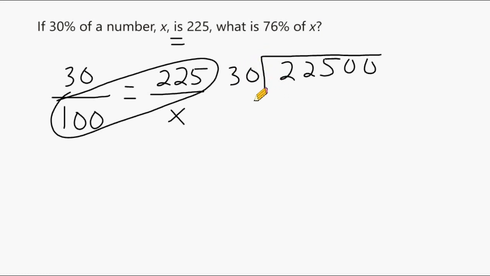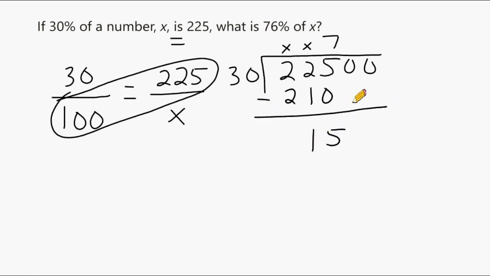All right, now 30 doesn't fit into 2 or 22, but it fits into 225. Now I know that 3 times 30 is 90, and 6 times 30 is 180. So it would fit in 7 times, and 7 times 30 is 210, which leaves us with a difference of 15.